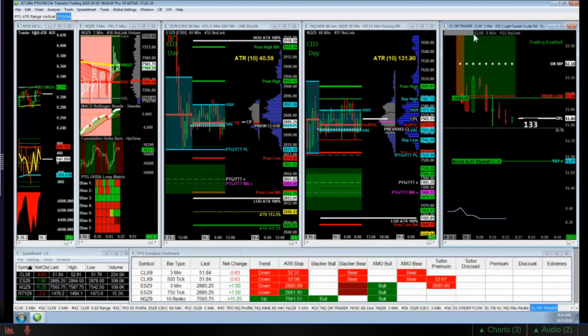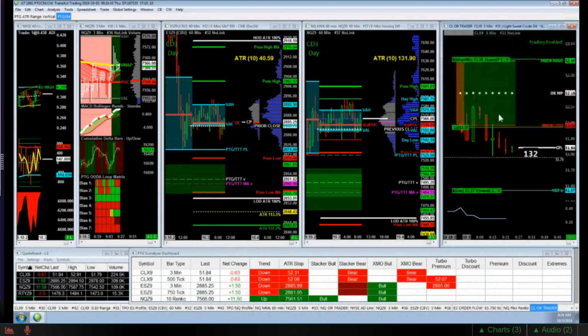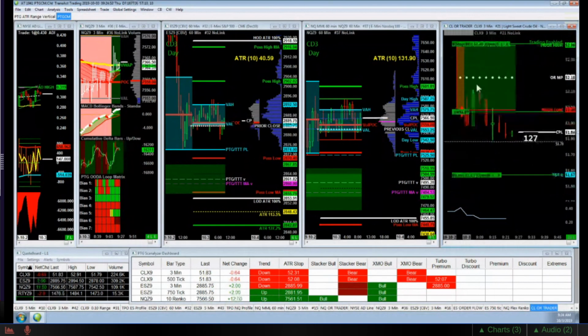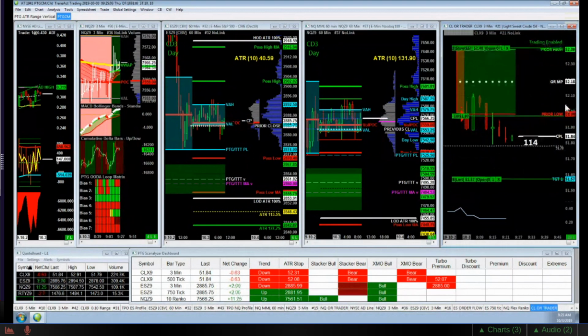An alternate stop would be the opening range midpoint. The core strategy stop is to the opposite side, but the alternate stop can be to the midpoint here, to help mitigate some of the overall risk.